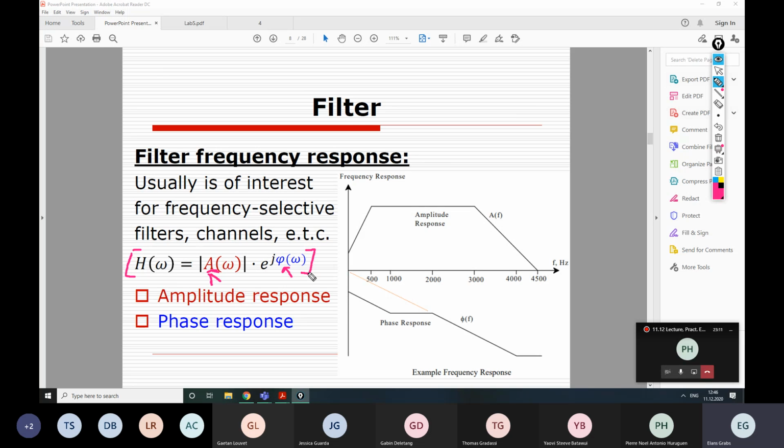So that's why we always present the frequency response in the form of two plots. The first one is the amplitude frequency response, and the second one is the phase frequency response. That is universal again for any kind of filter.